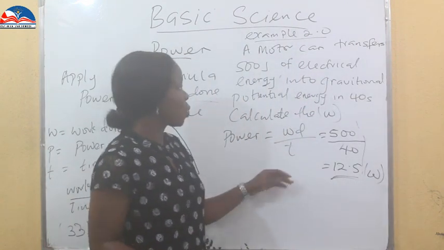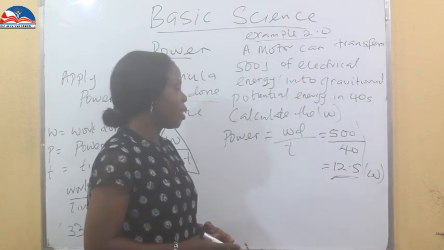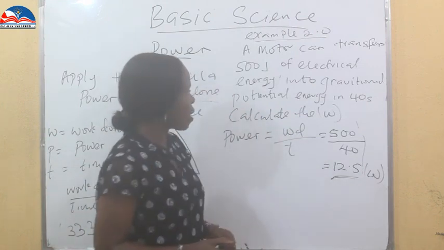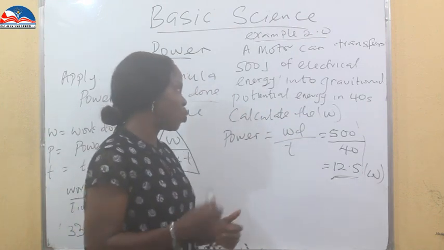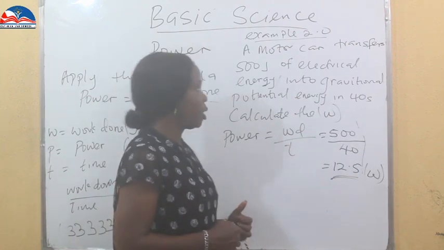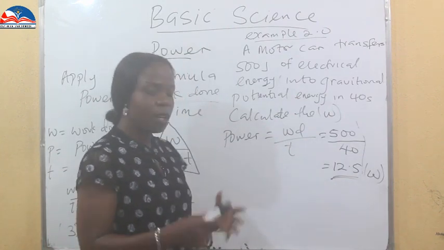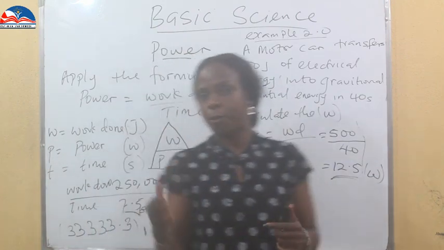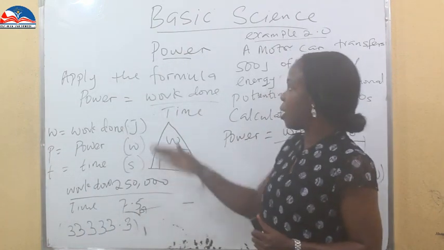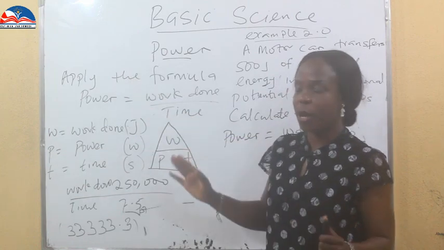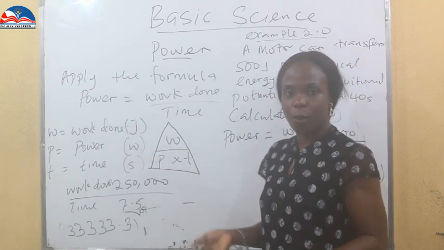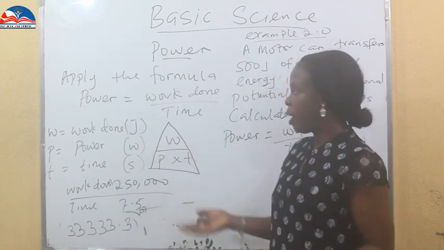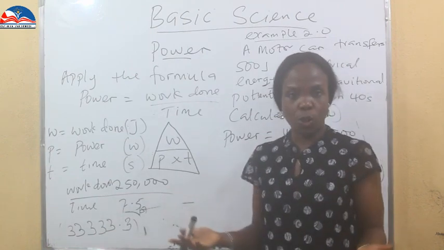So this question is just telling us that a motor car transfers 500 joule of electrical energy into gravitational potential energy in 40 seconds. Just calculate the watts. How do we do it? Go to your formula. Remember what we are doing in our class today is applying the formula of power. What is the formula of power? Power is equal to work done divided by time. The work done is measured in joule.